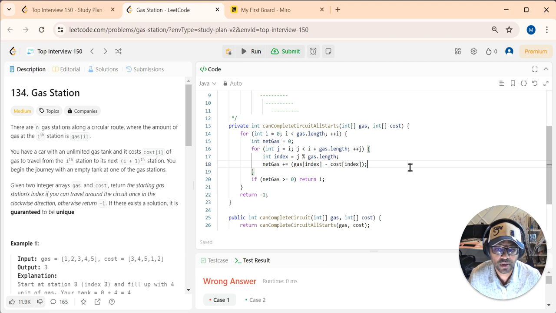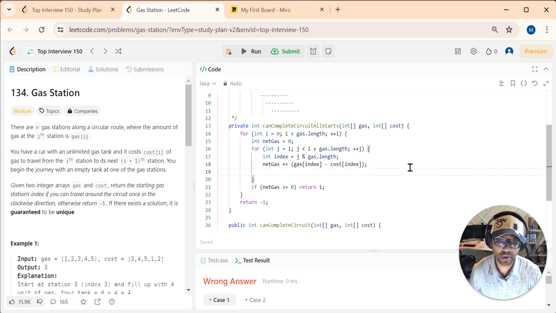Oh, you know what? We actually need to check whether the net gas is negative at any point on the path, right? I don't know if that is what failed the first case though, but let's do that. Because here net gas will always be 0 or 4, right? So in fact, what I need to do is if net gas is less than 0, then we break, because it has to continue to be positive.